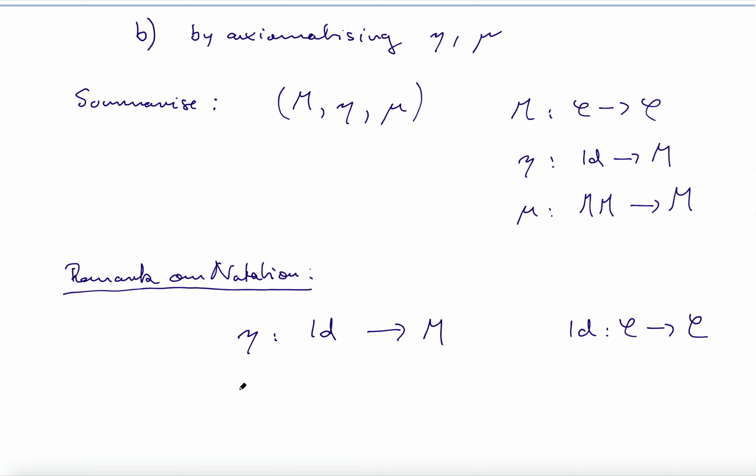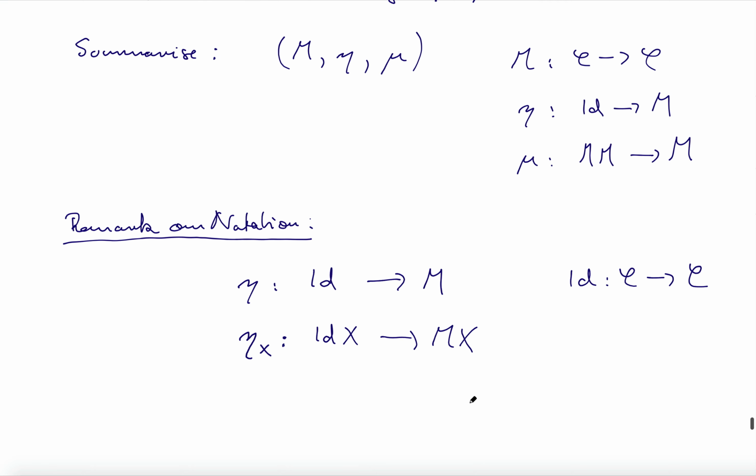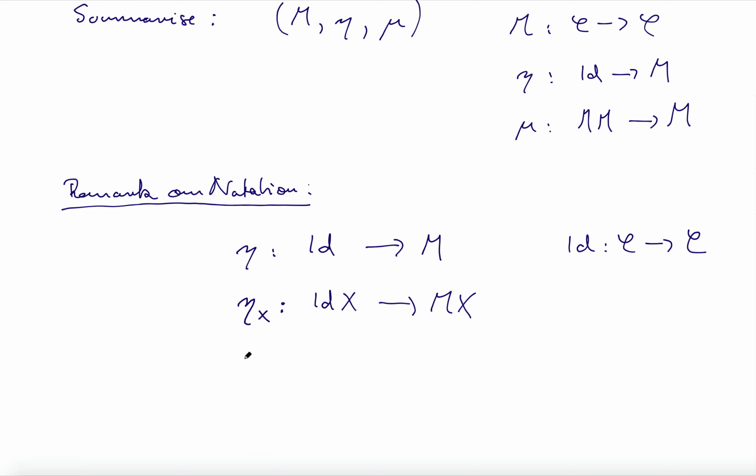So if I want to instantiate this natural transformation at a particular object X of C, then what do I do? I apply the two functors to the object. And now you see that because the identity of X is X, we get the correct type which we wanted to have for the natural transformation eta. So to use the identity functor here is just a way to match the types in the correct way.